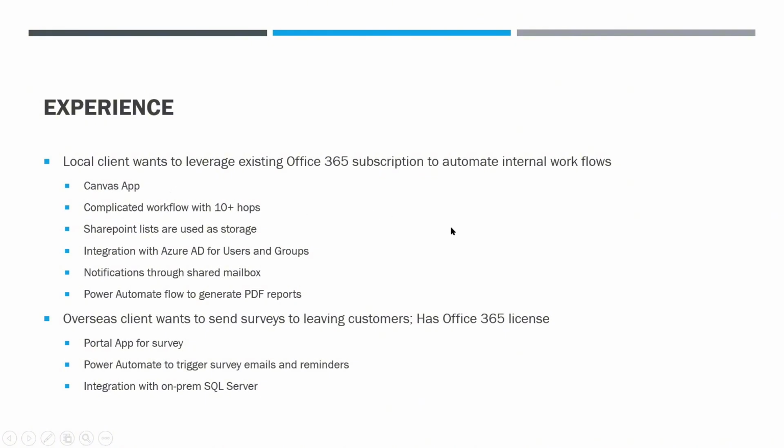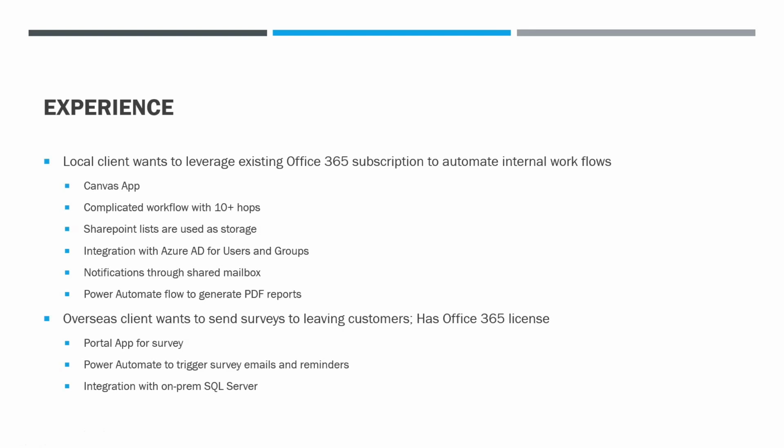So when I say workflow, let me explain a simple workflow. Say your organization has a leave process whereby you apply for leave and you are granted leave. So it will have 2 or 3 hops at most. The employee is the first hop. They will fill in their leave application and it will go to their manager.